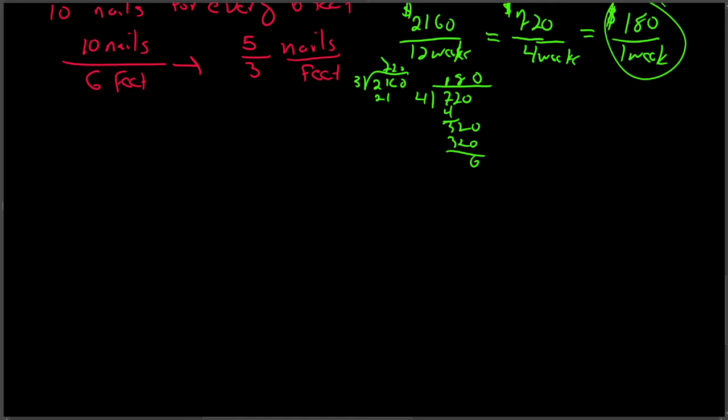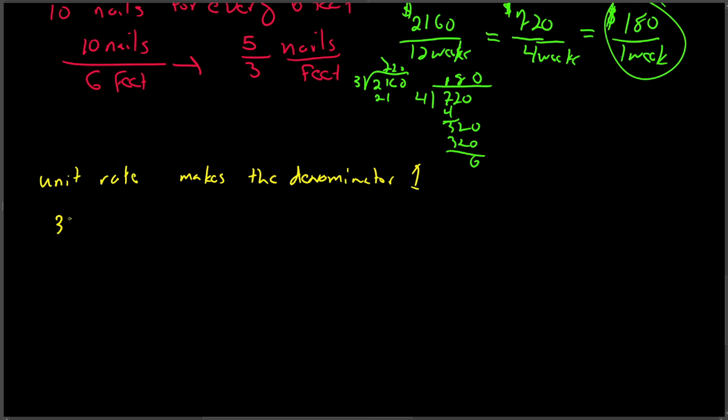Well, there's a special type of rate called a unit rate. And a unit rate makes the denominator one.